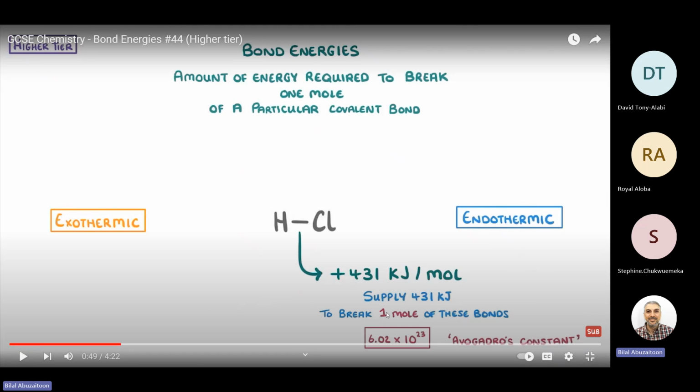Question: who can tell me, if you want to break the HCl bond, you need 431 kilojoules per mole, and it is positive to indicate that it is what? Needed, right? Absorbed. Yes, exothermic and endothermic, right?